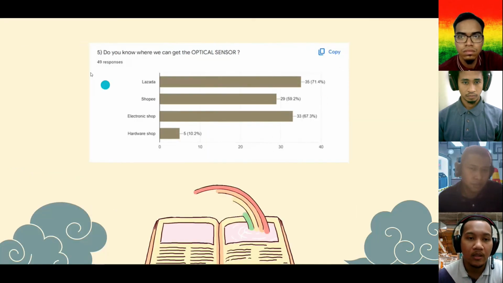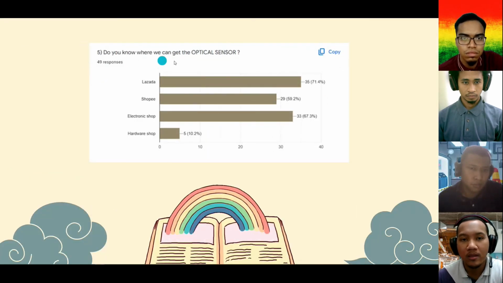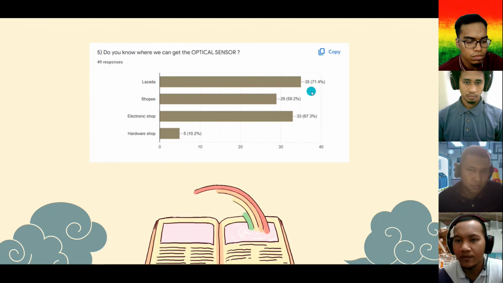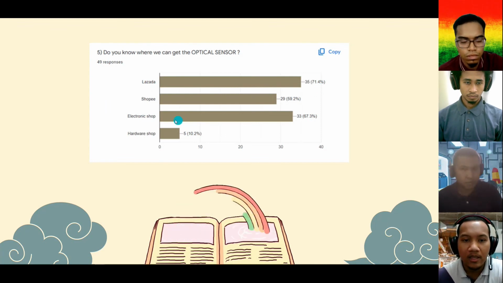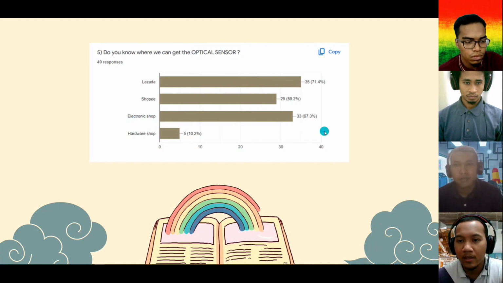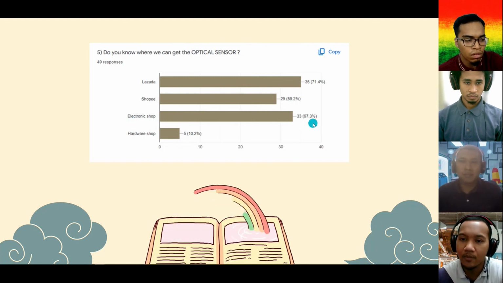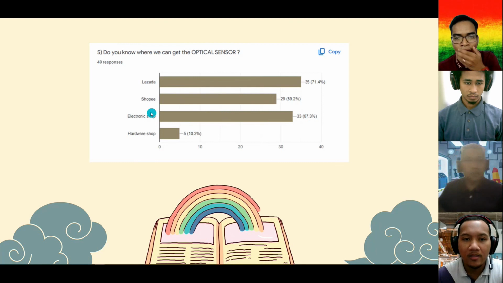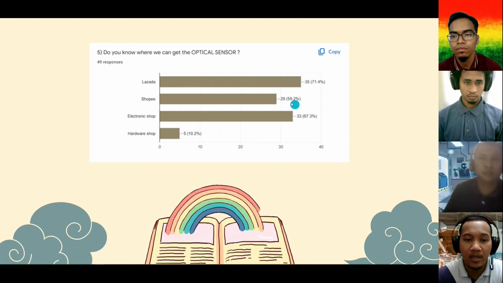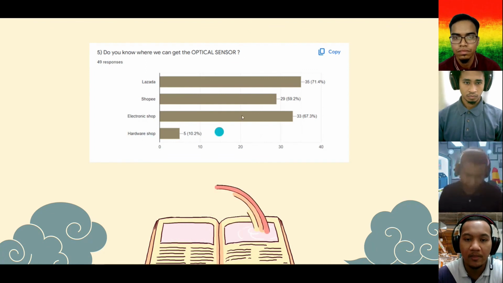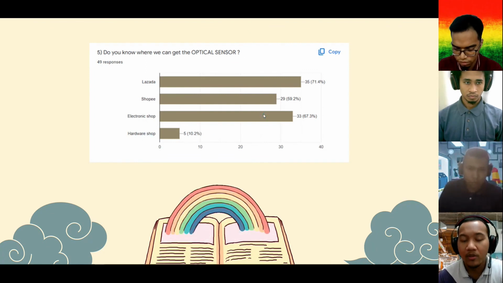Next, the question is: do you know where we can get the optical sensor? Mostly the answer is Lazada at 71.4%. The second is electronic shop at 67.3%. Third is Shopee at 59.2%, and the last is hardware shop at 10.2%.